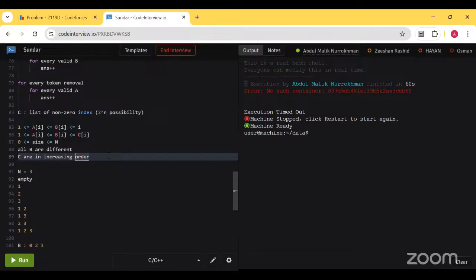And A is up to you. Not always different, not always increasing, not always sorted.